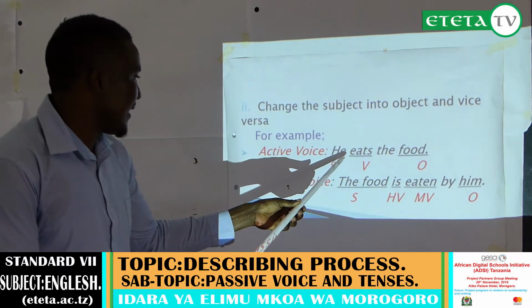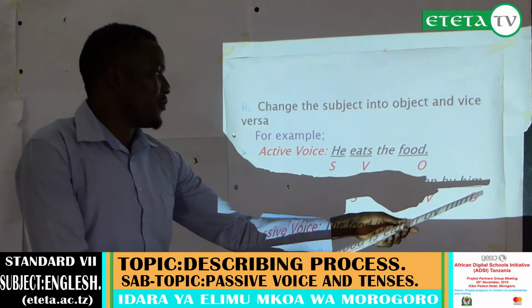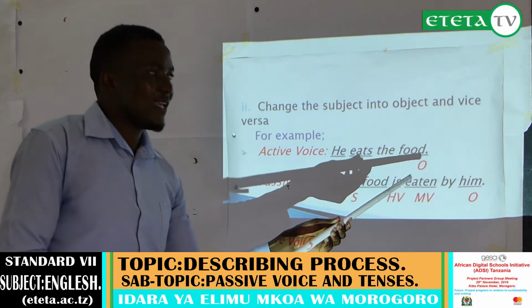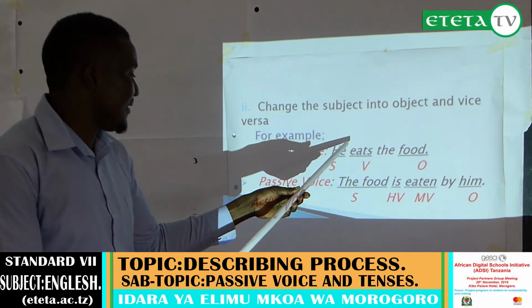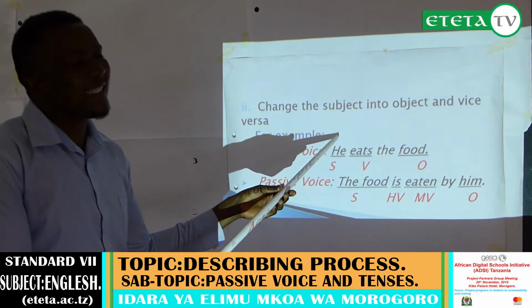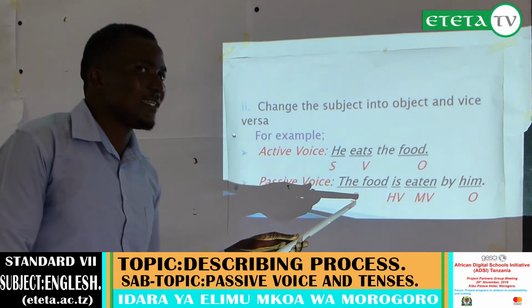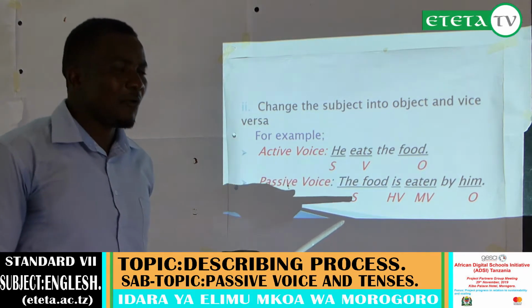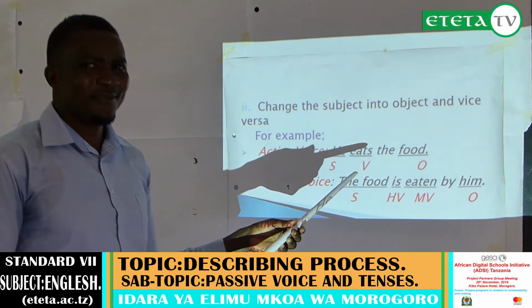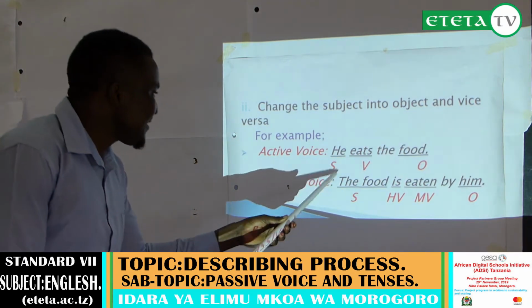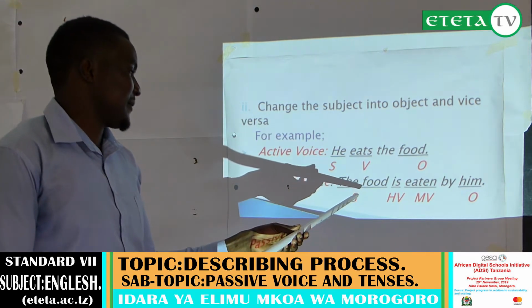So here, the subject "he" has been changed into the object "him". The food is the object of the active voice, but it is the subject of the passive voice.